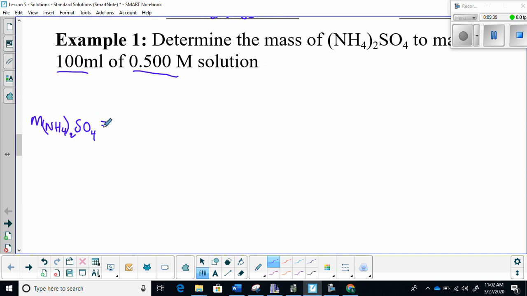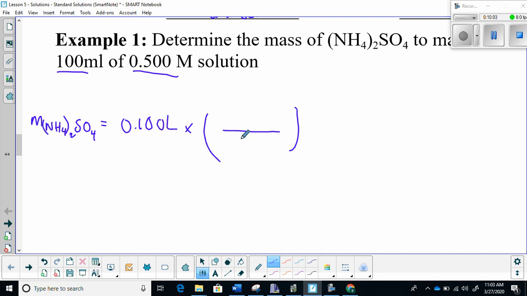Okay, so to do this, again, you're going to start with your known. That's the thing that you know, and you have 1 unit in it. So 0.100 liters. Again, you don't use milliliters when you're doing this, you use liters. We then need to convert this into moles because moles gets us to mass, okay?